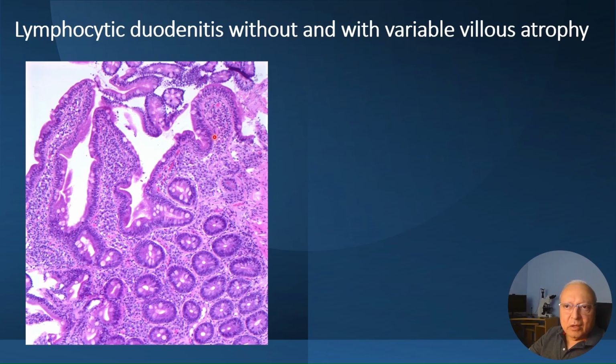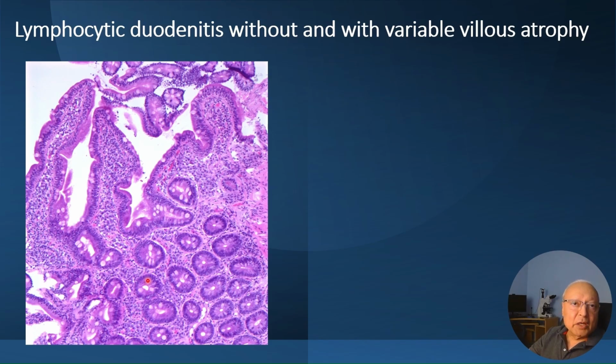Now this is a further shortening of the villi, but notice that whether or not the villi are shortened, the other changes of increased intraepithelial lymphocytes, increased cellularity in the lamina propria, and increased crypt proliferative activity are all constant.